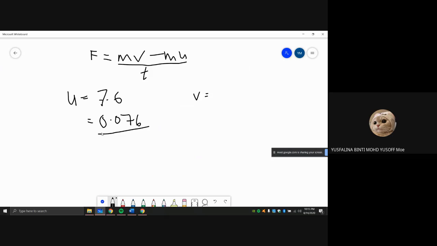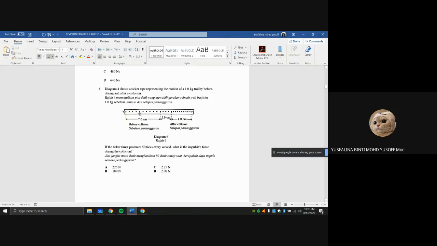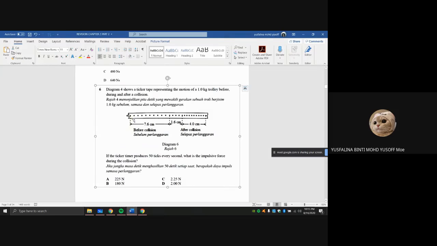Another one, you have to find the total time because velocity is displacement divided by time, correct? So I make it bigger for easy for you to see. How many ticks are there? 1, 2, 3, 4, 5, 6, 7, 8, 9, 10.